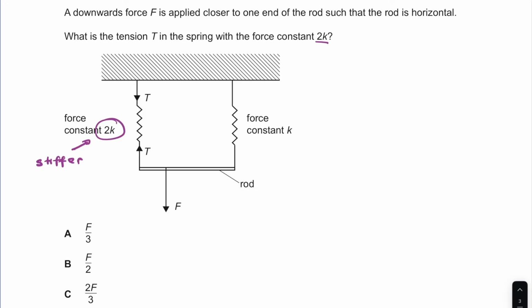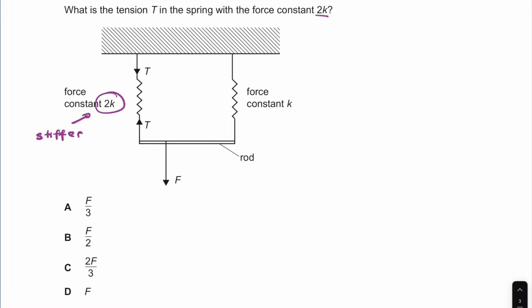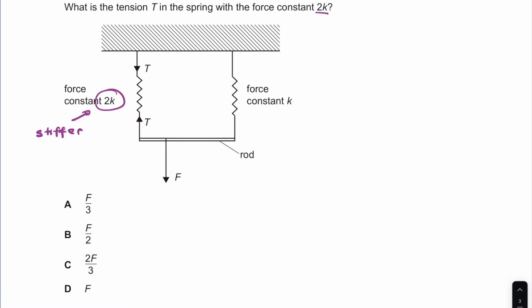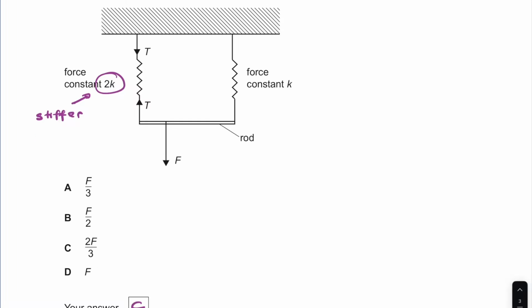The force is shared between the two, so that means the tension must be greater. So it can't be B or D. A is 1/3 F and C is 2/3 F. 2/3 is greater than 1/3, so C would be the answer. One way of looking at it.